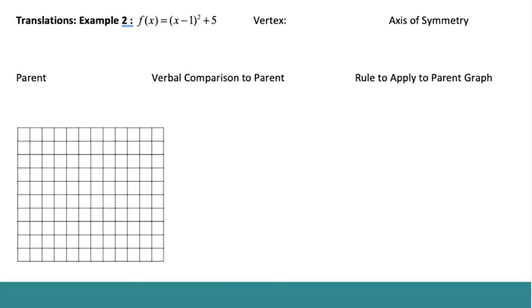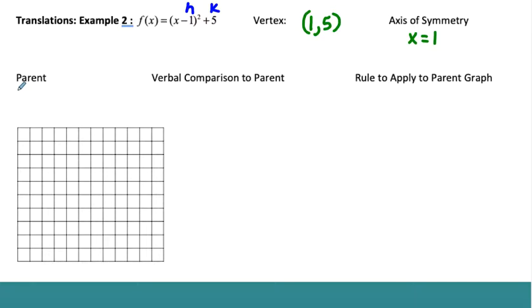All right, let's try another one. This time I gave you 2 translations. But again, the first thing I'm going to do is identify my vertex, my h and k. All right, so (1, 5). Remember, it's change sign, keep sign. My axis of symmetry then would be a vertical line, x equals the x coordinate of the vertex. So x equals 1.